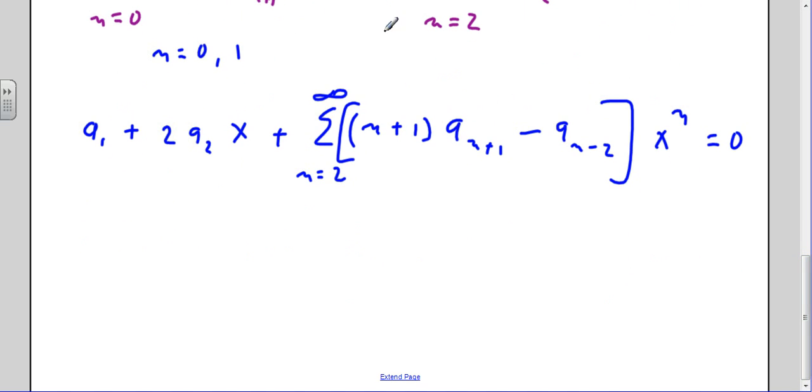Now, because it's a differential equation, we know we have to have initial conditions, so a0 is arbitrary.